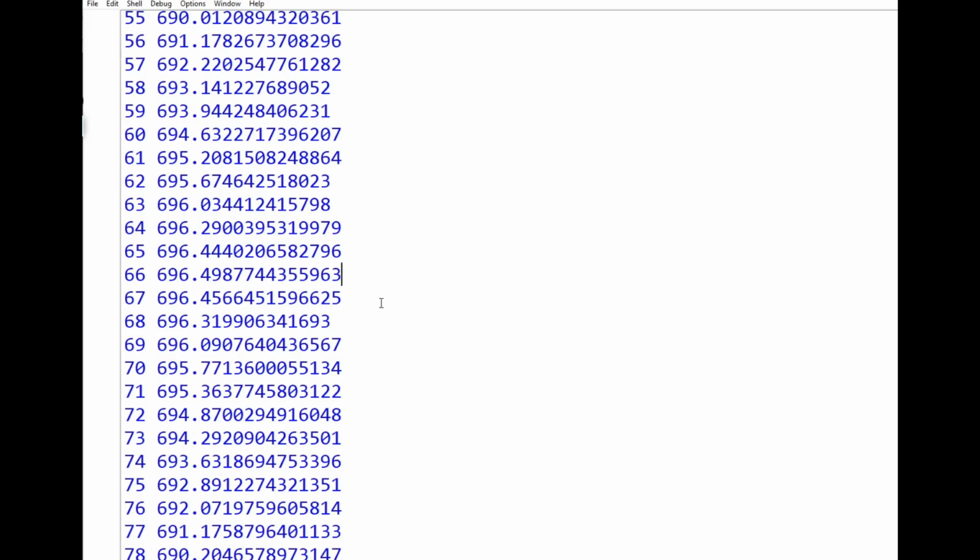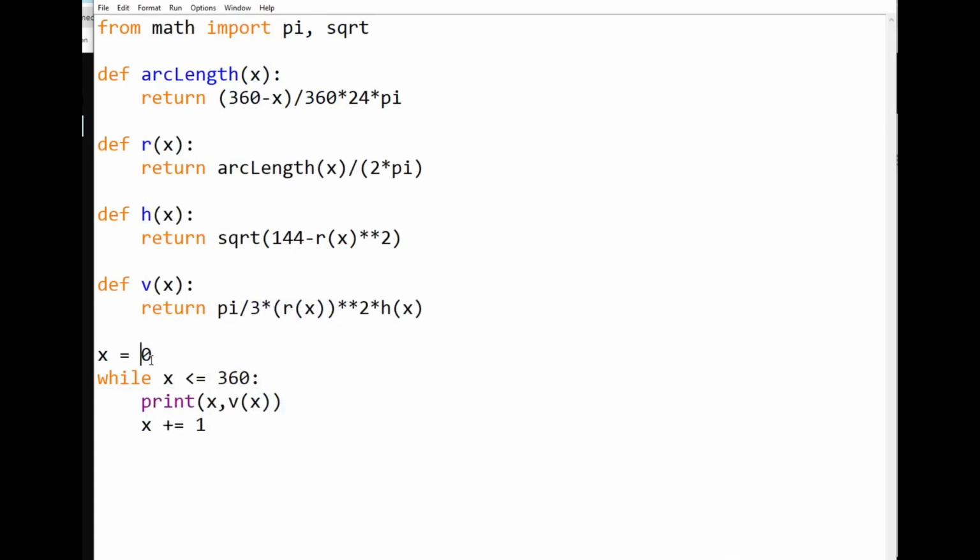Let's see. We'll just make sure, let's use the derivatives to find out, is that really where the derivative goes from positive, meaning the volume is increasing, to being negative. So around 66 degrees. Let's take a look at our program again. Let's make x 64 degrees.